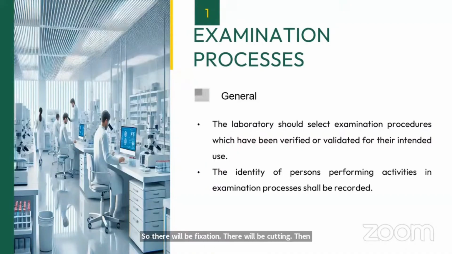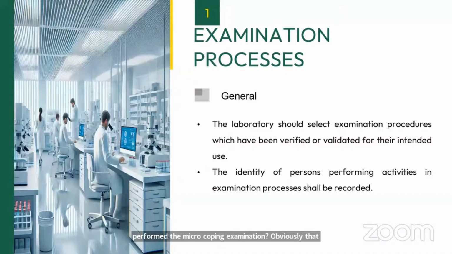So whoever has performed these key aspects, maybe XYZ person has performed the grossing, then maybe ABC person has performed the cutting, or maybe before that there was fixing, then cutting, and maybe some person in between performed the staining. Again, record the identity of the person who did the staining, and finally whoever performed the microscopic examination, obviously that identity too.